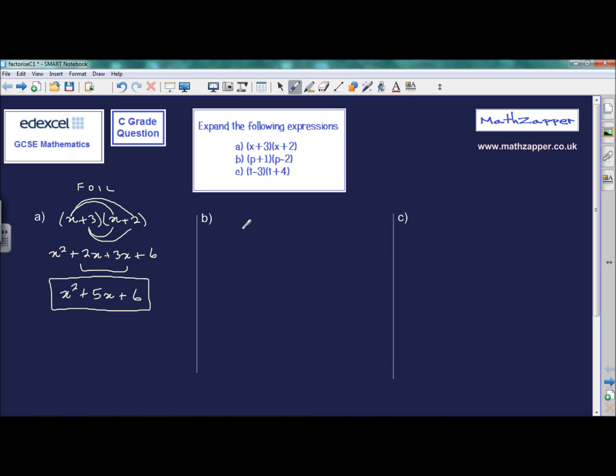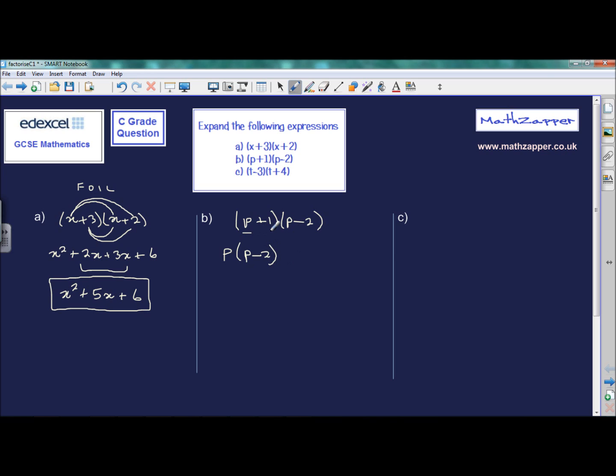And the second one, we can avoid the mistakes by breaking up the first bracket into its component parts and multiplying each component part by everything in the second bracket. So the first part is p, and we're going to now multiply that by p minus 2.